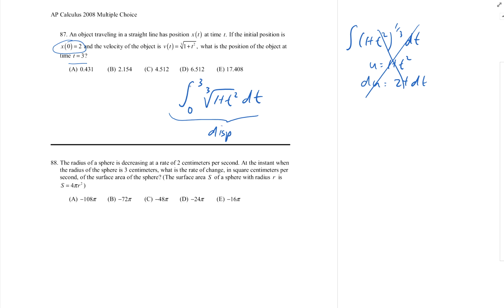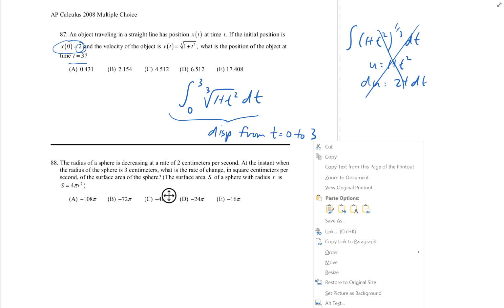Sometimes we forget that we can do these things with our calculator. Displacement from t equals 0 to 3. That's where it ends up after 3 seconds, right? And I know it started at 2, so if I figure out where it ends up at 3, and then add 2 to it, that gives me the actual position.